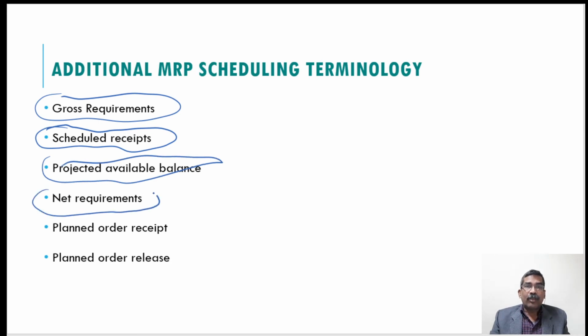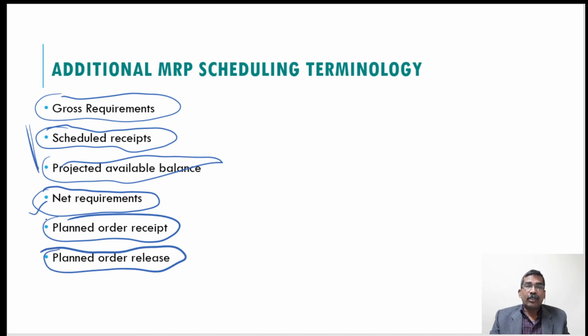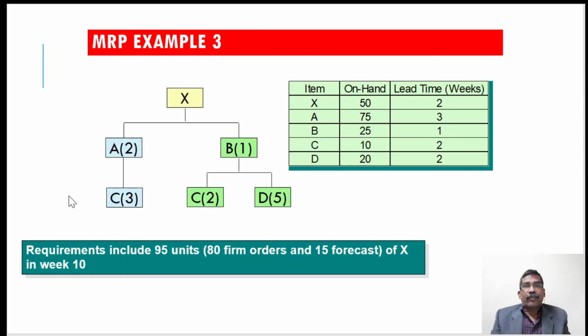Then the net requirements. After considering these three things, we have to deduct these two items from the gross requirement, so we can get the net requirement. Then planned order receipt and planned order release, when the order will be released and when the order will be received. So these are the parts of the MRP system.